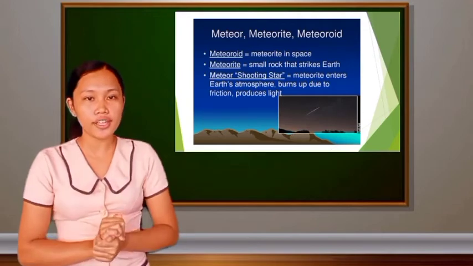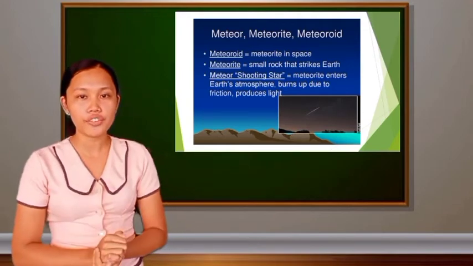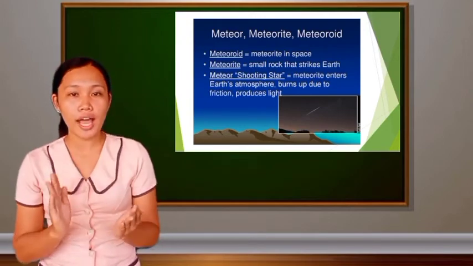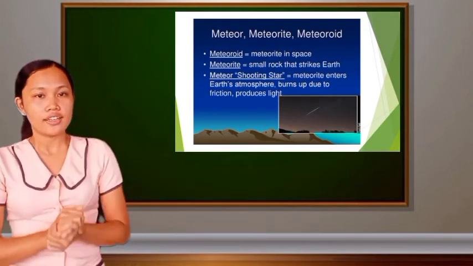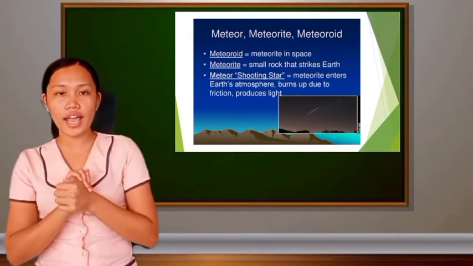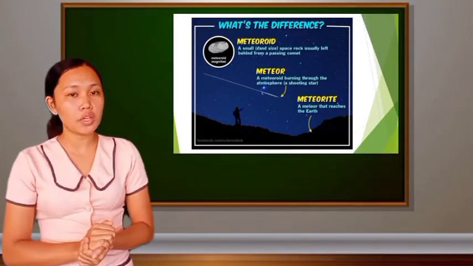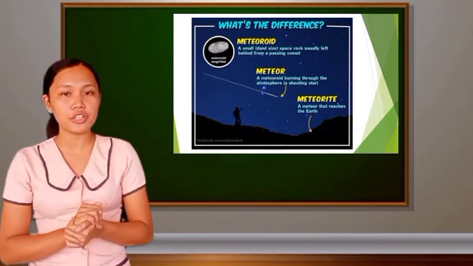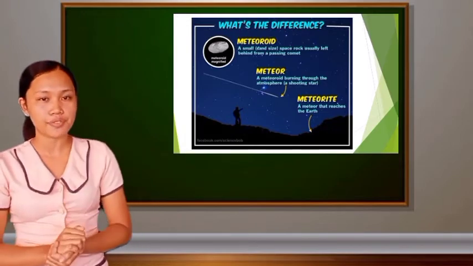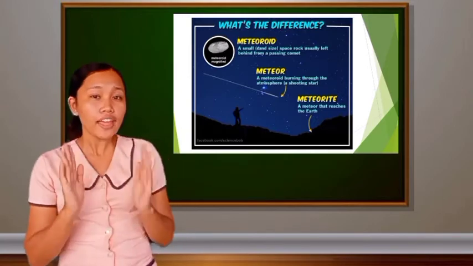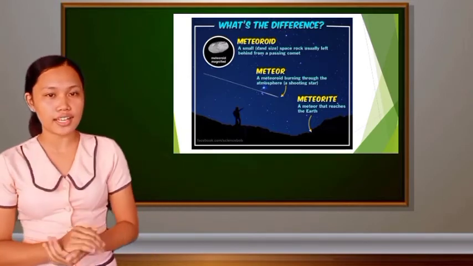If a meteoroid gets close enough to the Earth that it enters our atmosphere, it begins to burn up and fall to the ground. This burning trail is known as a meteor. They are usually bright in color and leave beautiful trails of light in the sky. Some people call them shooting stars, but they aren't really stars.